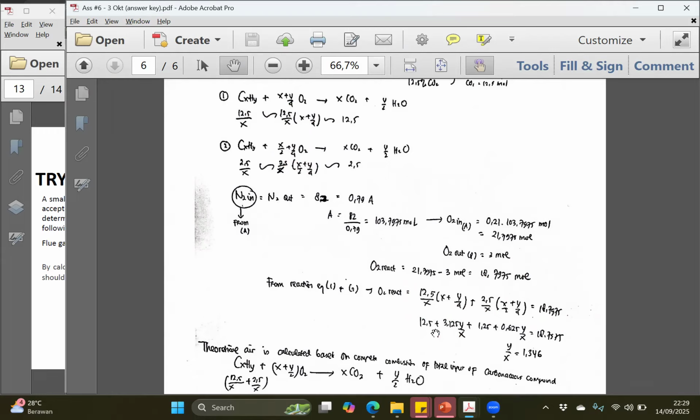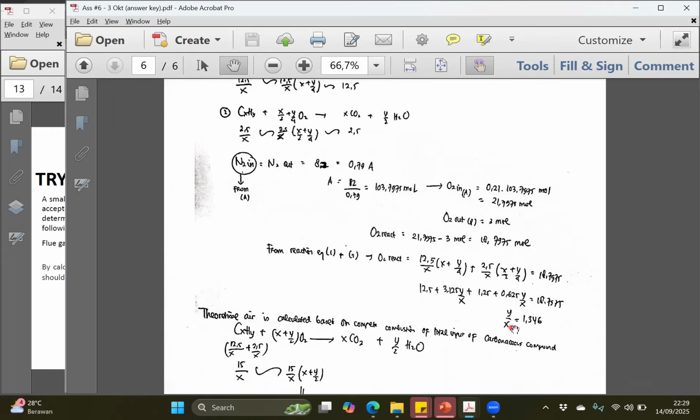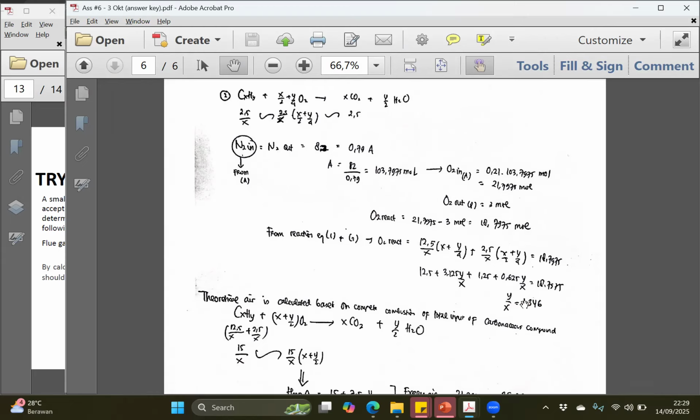Using simple mathematical calculation, we can find y over x. You can also change it to x over y, depending on what you need later. I will stay with y over x equals 1.346.